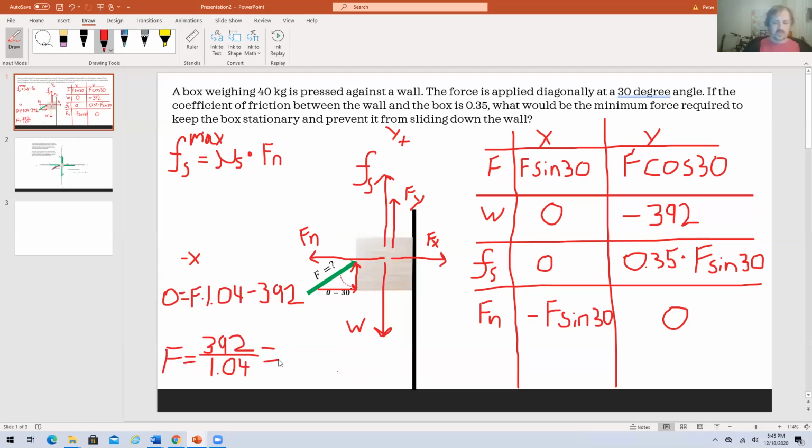And see what that equals, 392 divided by 1.04. And yeah, from that we end up with about 377, okay?